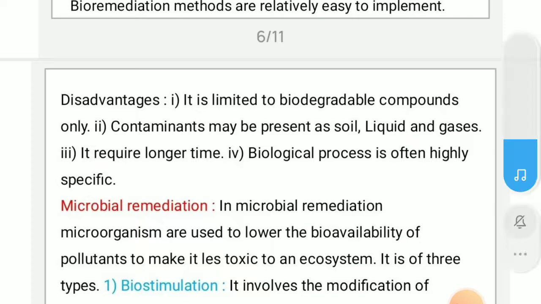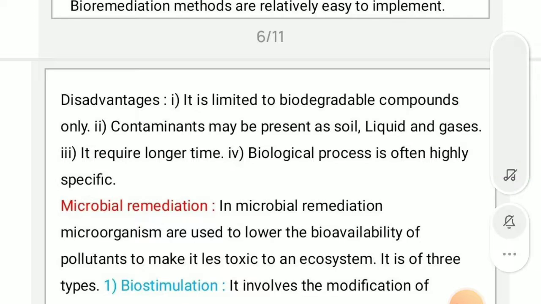Then what about the non-biodegradable, like plastic, like metal? These plastics and metals are non-biodegradable, so these non-biodegradable materials will not be degraded with the help of ex situ and in situ bioremediation, because microbial activity does not act on plastic or any type of metal. It is limited to biodegradable compounds, and if a heavy hazardous chemical contains carbon, then it is possible.